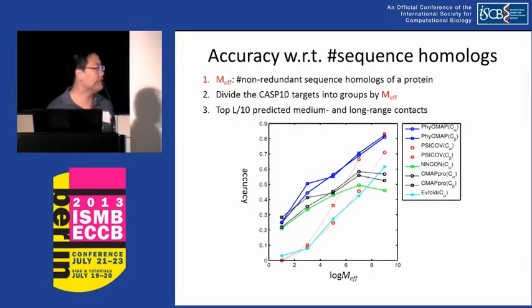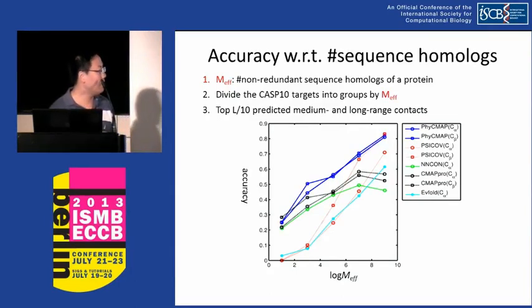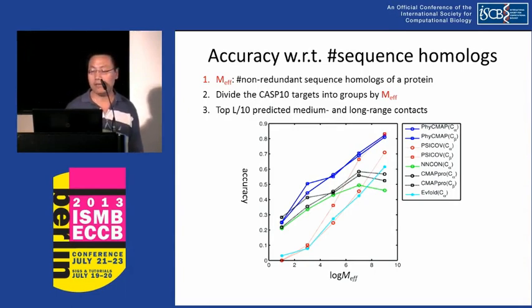Our method performs very well across the whole range of MEFF, especially when MEFF is between 10 and 100, where our method still has a reasonable prediction accuracy, above 0.5.